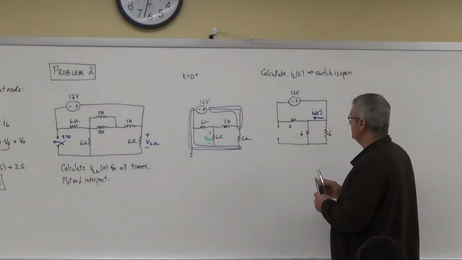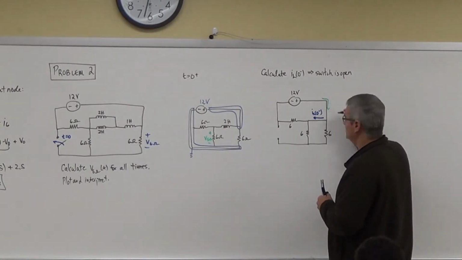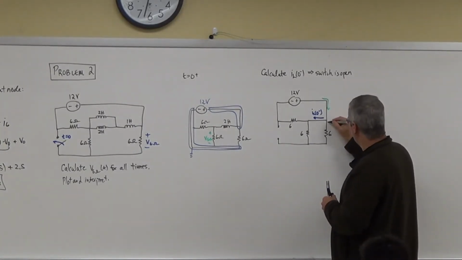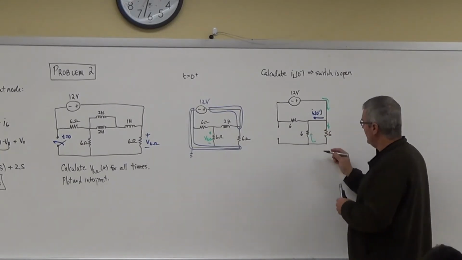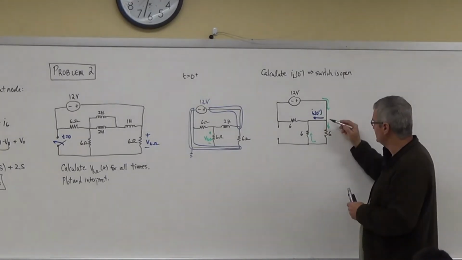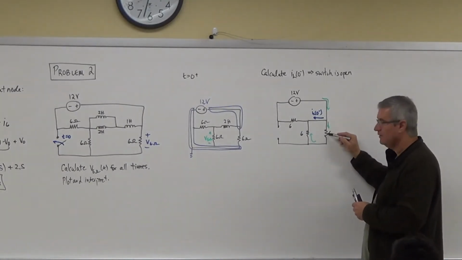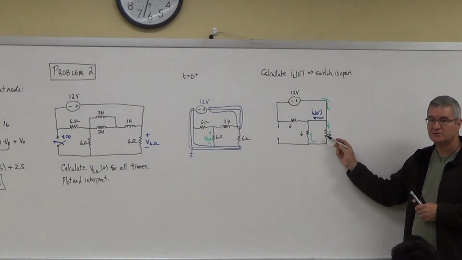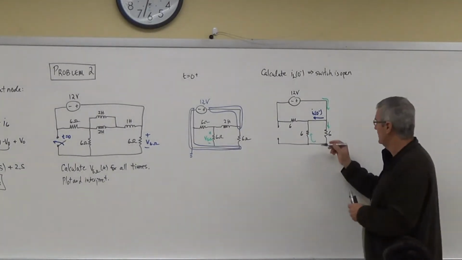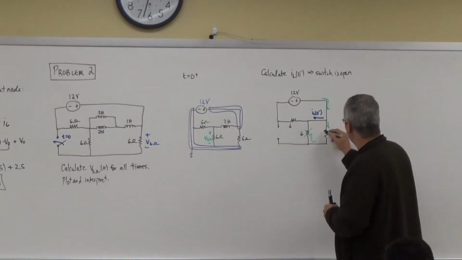Let's follow the current real quick. Current comes out of the power supply, it comes here, it splits going there, and then it comes back up. And look what happens here. I see that this short is parallel to the 2 6 ohm resistors that are in series. So what does it do? It shorts them out, so these guys are gone.